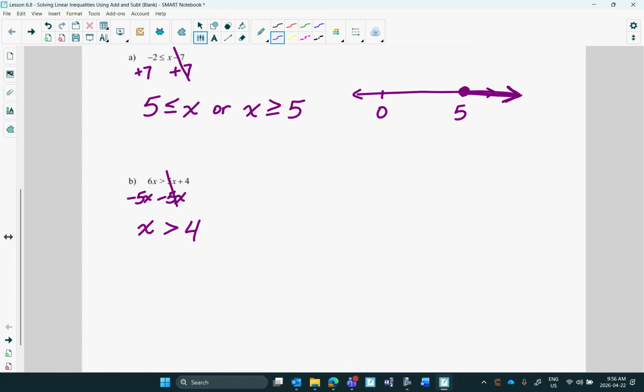And that's it. So, the diagram, and 2 notches. Again, I've got 0, 4. 0 goes to the left. What kind of circle? And which way am I going? Right, because the arrowhead goes to the right, and because we're looking greater.